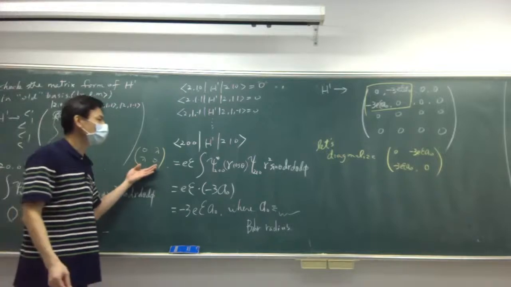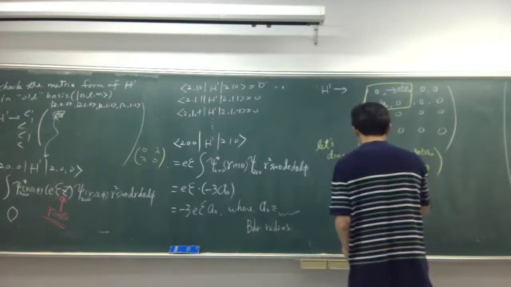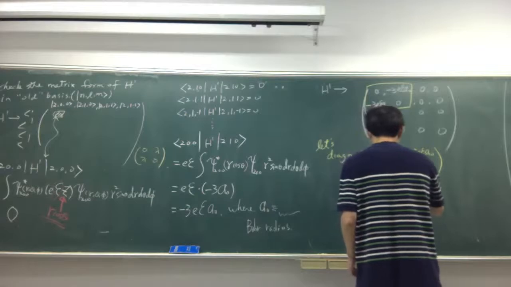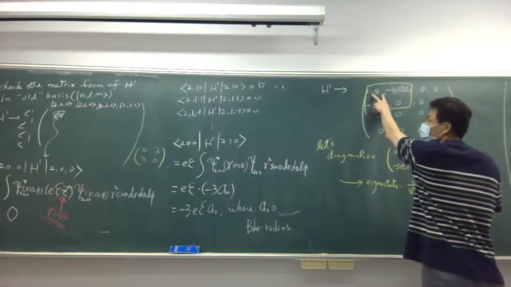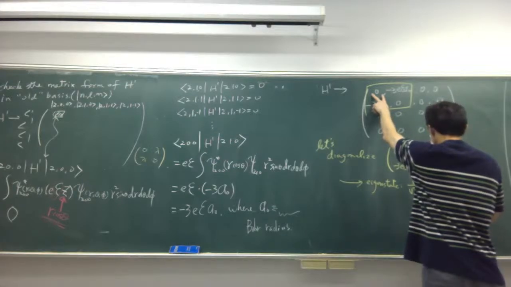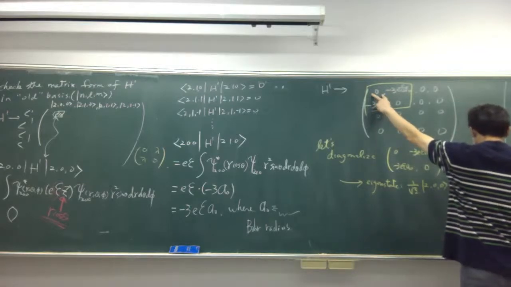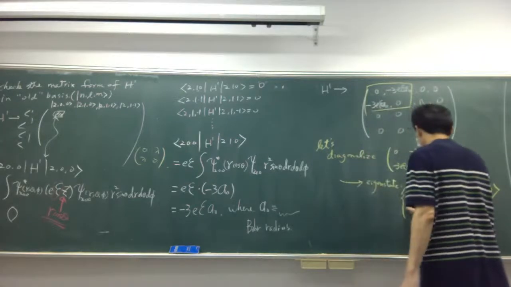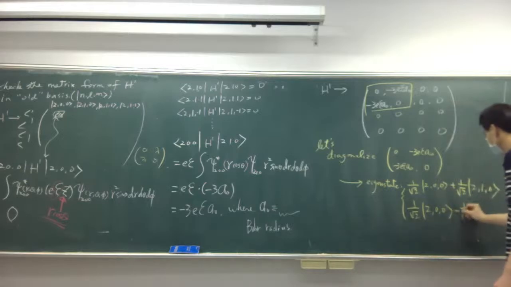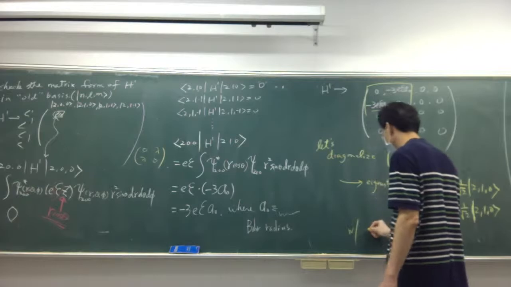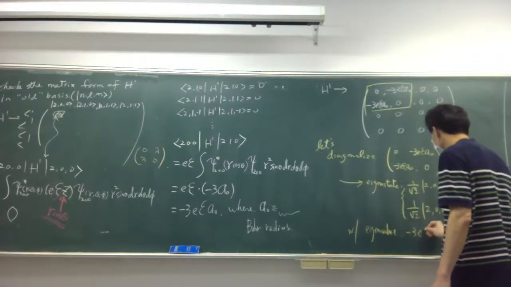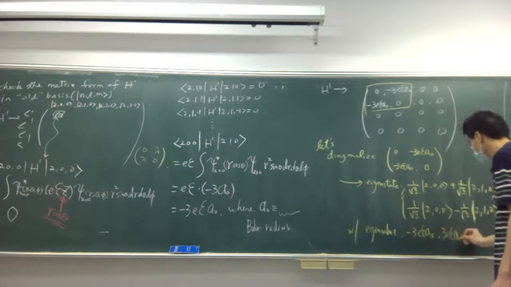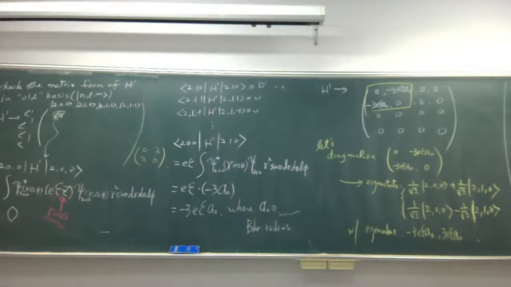When you diagonalize it, the new eigenstates will be 1 over square root of 2 times (2,0,0 plus 2,1,0), and another one is 1 over square root of 2 times (2,0,0 minus 2,1,0), with the eigenvalues minus 3 E A naught and plus 3 E A naught.